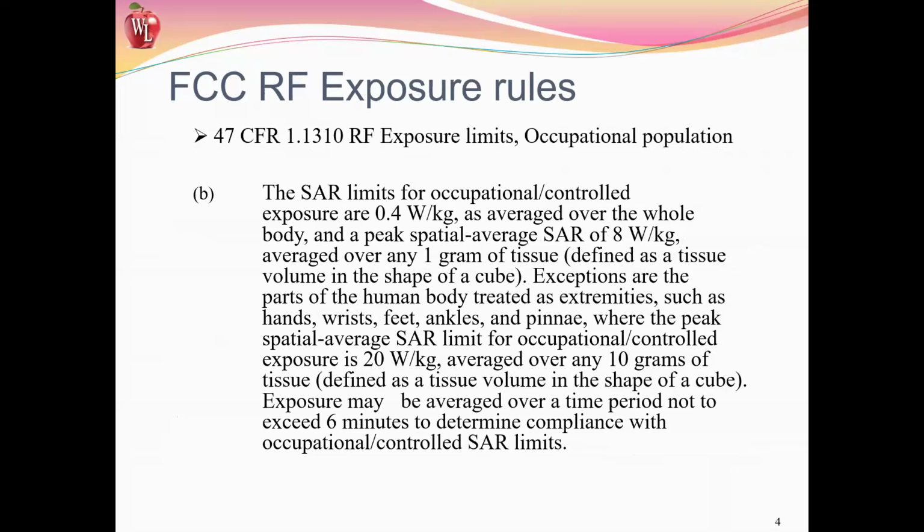It can be 0.4 watts per kilogram averaged over the whole body, and a peak spatial averaging of 8 watts per kilogram over 1 gram of tissue. There are some exceptions to that: your hands, wrists, feet, ankles, and pinnae. Peak spatial average is 20 watts. So that's the requirements in that particular type of environment.